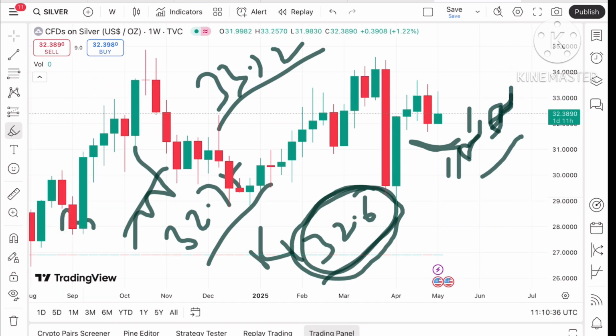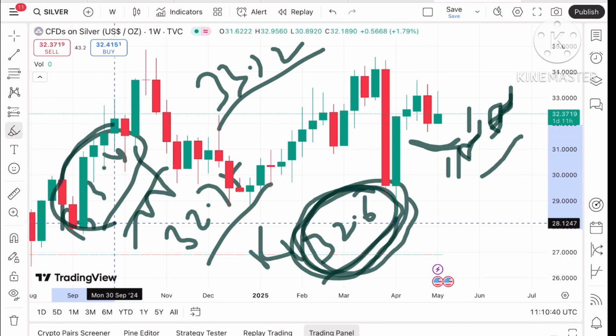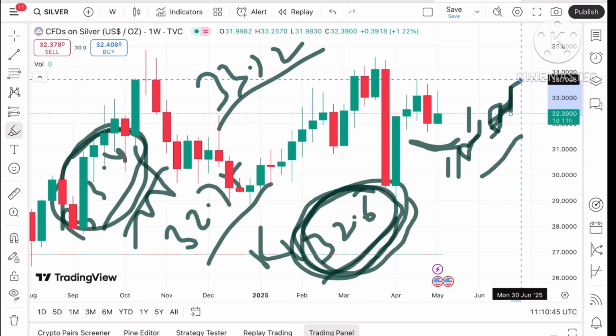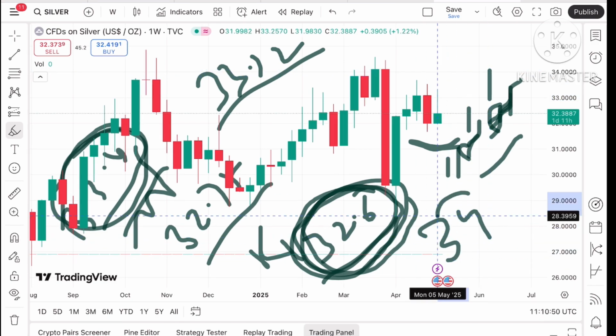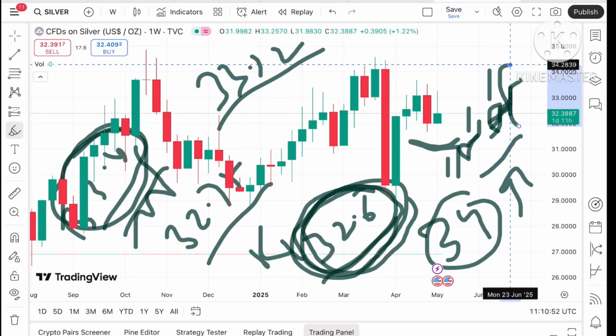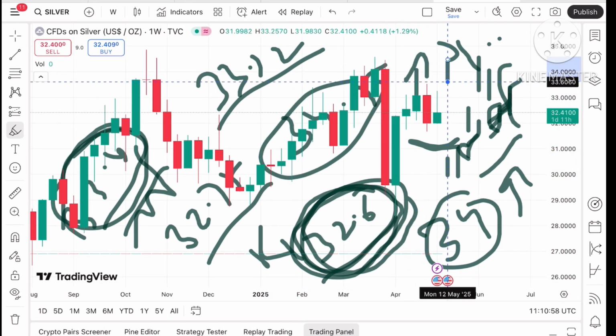So the probability of touching 33.4 is there. Remember, after 32.6, the chance of touching 33.4 is on a higher side. Then it touches a level of 33.7, and from there a level of $34. If that sustains, the price can move further upside towards 34.2, and then cross a level of 34.5, with further upside.